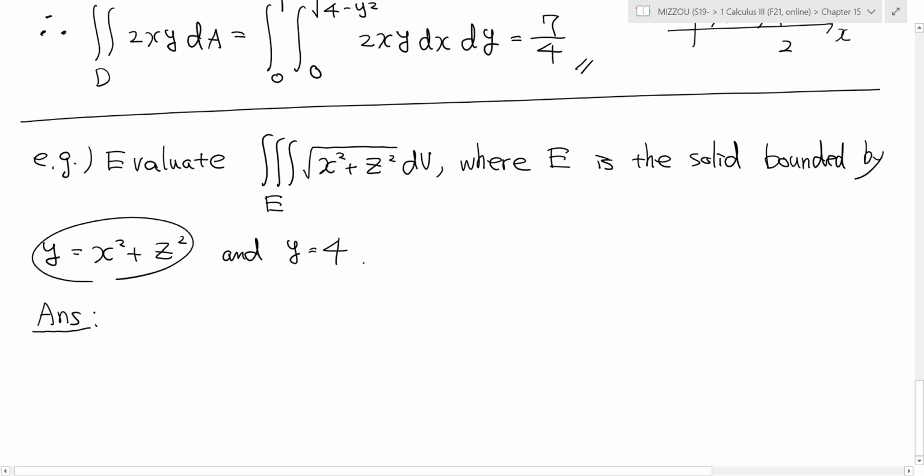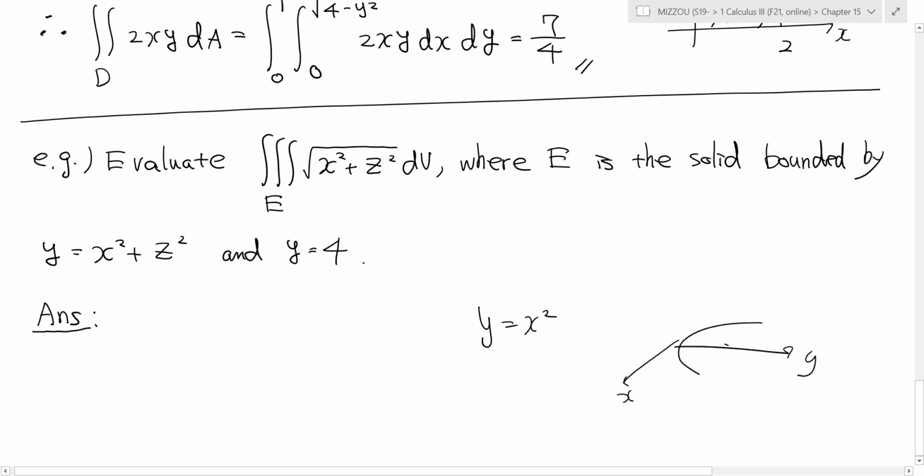What is this? Well, this is actually a paraboloid, and we have seen z is equal to x squared plus y squared. That's a paraboloid which looks like this, the rotated parabola. And the same, but the axis is different. So y is equal to x squared on the xy plane is a parabola like this, right? At the same time, y is equal to z squared is a parabola which looks like this.